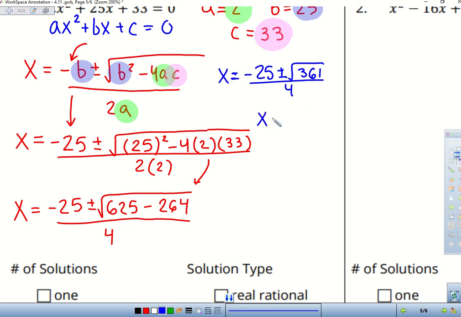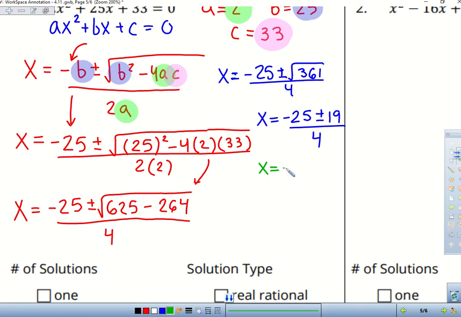So the good news is the square root of 361 is actually a perfect square. If you do it in a calculator, it comes out to be 19. So sometimes it will be a perfect square, and that's good news. It comes out nicely. So that means we have two solutions.